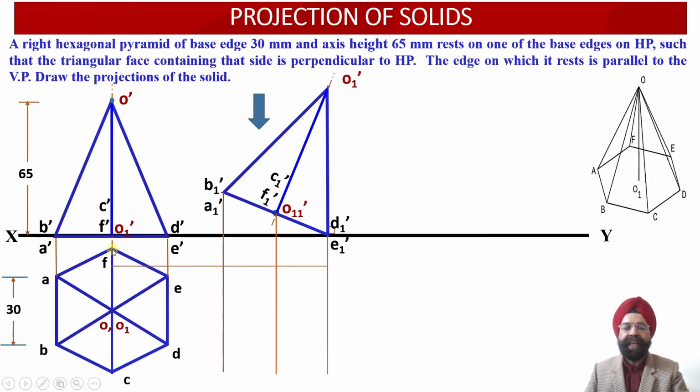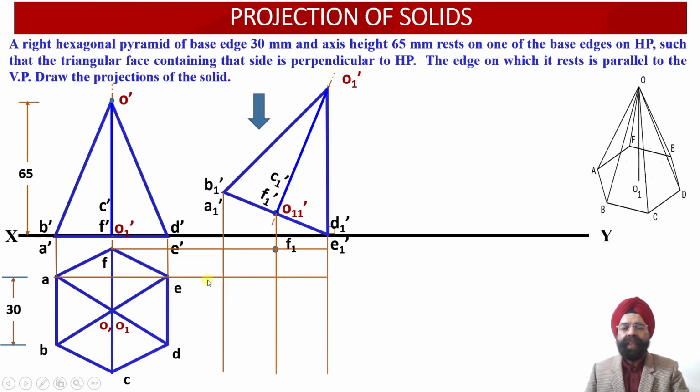So here we have the point F. Through point F we have drawn a horizontal projector line. So wherever this horizontal projector line is intersected by the vertical projector line drawn through the point F1 dash, we are able to obtain the point F1 in the plan projection view. Now the next 2 points which are available with us are A and E. So through A and E, once again we have drawn a horizontal projector line.